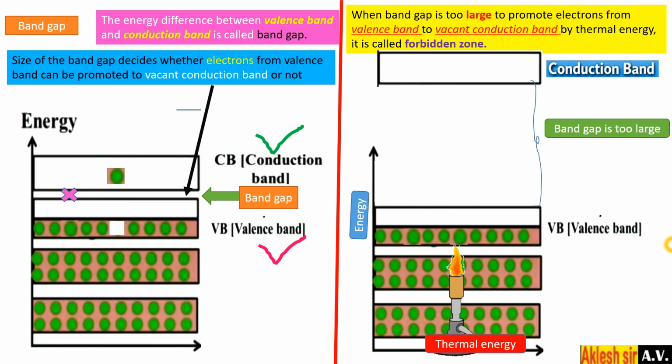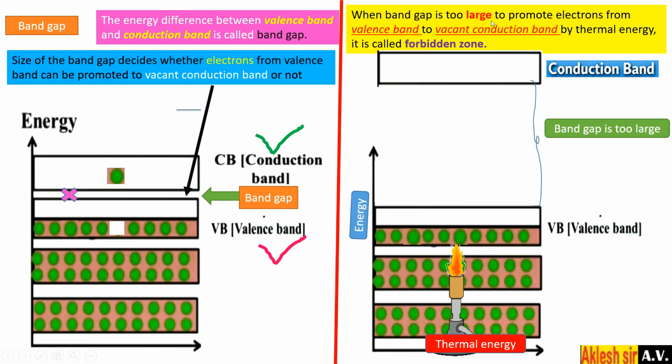It will remain in the valence band and will not conduct electricity. This is also known as the forbidden zone. Forbidden means it is not allowing the electron to move to the conduction band, because electrons are tightly held by the atoms.